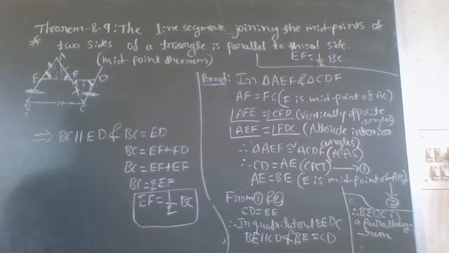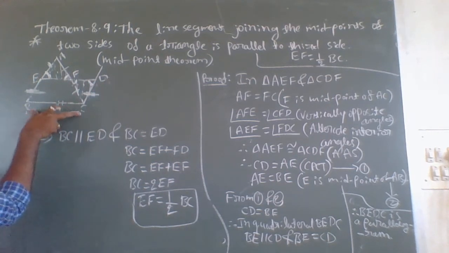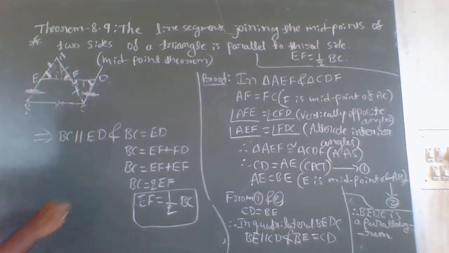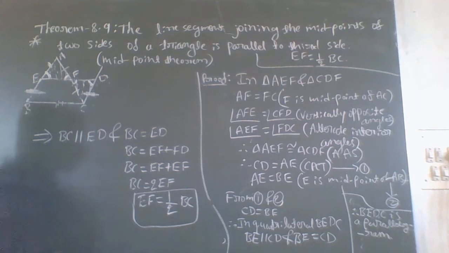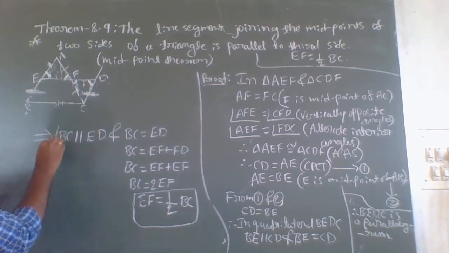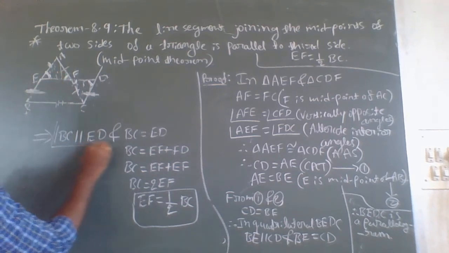So BC is parallel to ED, and BC is also equal to ED, because in a parallelogram opposite sides are equal and parallel. Hence we prove these two sides are parallel.